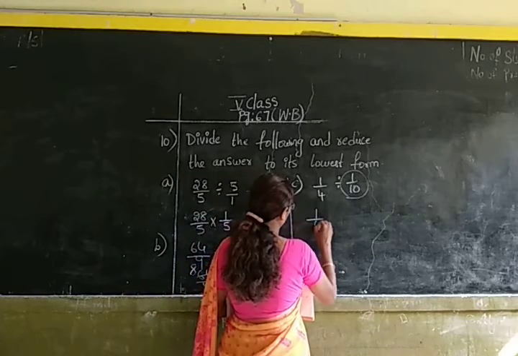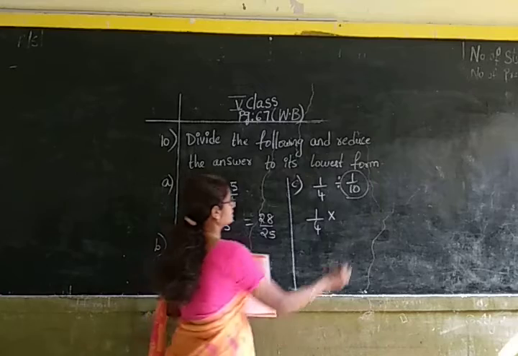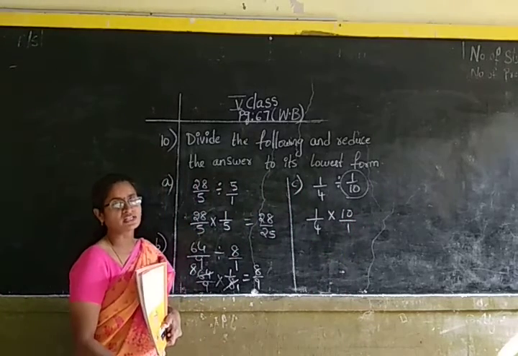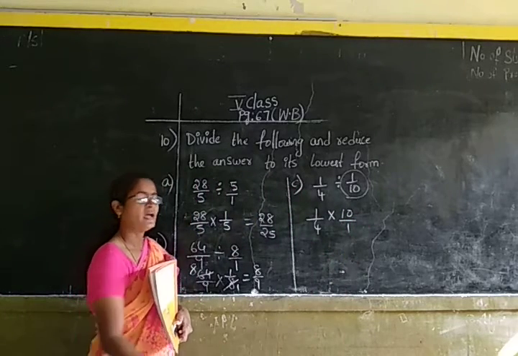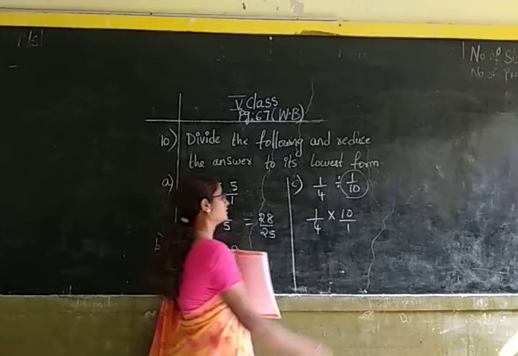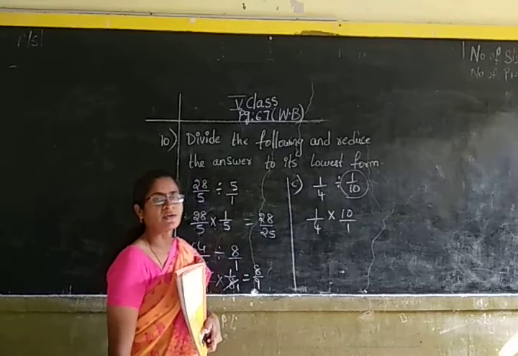So 1 by 4 into the reciprocal of 1 by 10, which is 10 by 1. Here the reciprocal of 1 by 10 is 10 by 1.